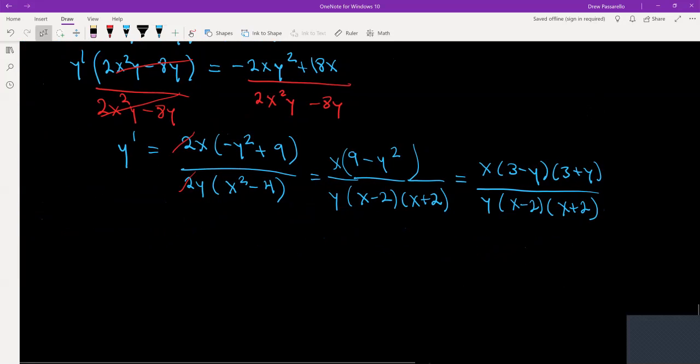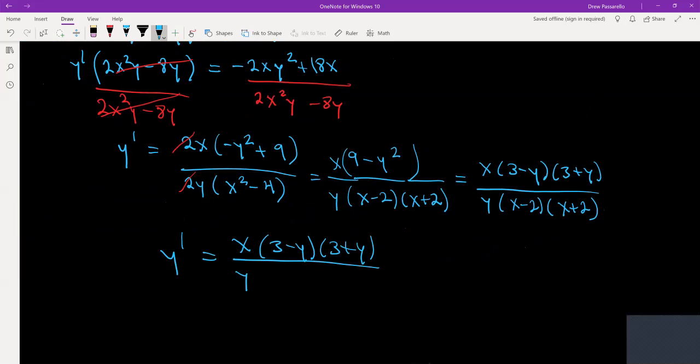So y prime, and now I can find the slope. So this is the derivative. Now find its slope for the tangent line.